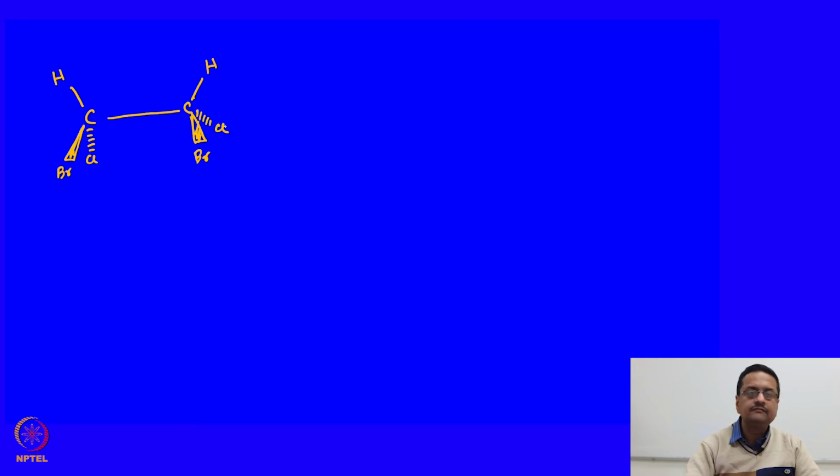So, suppose we draw the molecule in a Sawhorse conformation with the hydrogens in the eclipsed conformation, bromine and bromine in eclipsed conformation, chlorine in eclipsed condition, that is the fully eclipsed conformation. So, what we have drawn is like that.